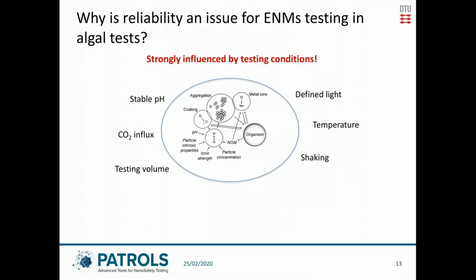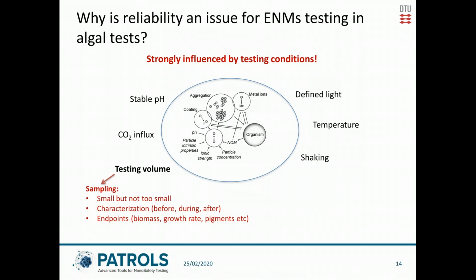On the other hand, we need to take out samples to characterize things if we are testing nanomaterials, and we also need to be able to count the algae in safe and reproducible ways. So we need a volume that's small but not too small, big enough to do characterization before, during, and after, and we need to do biomass determination, of course.